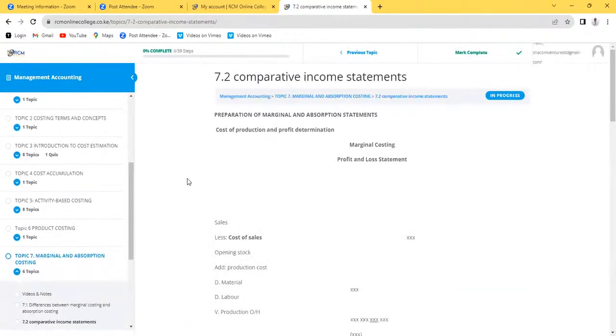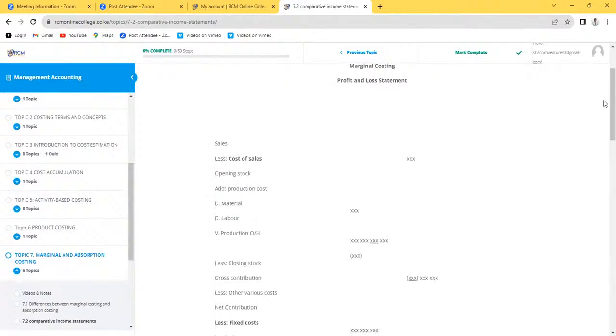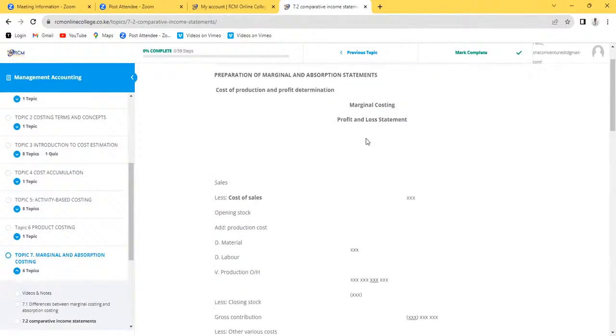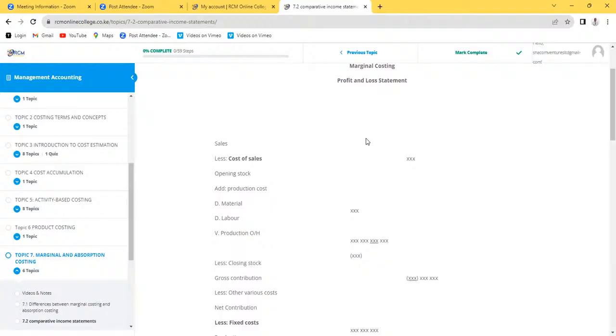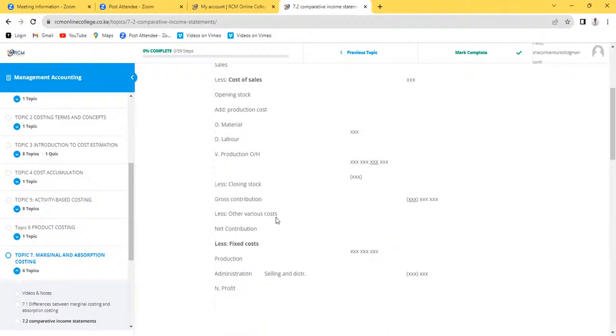Comparative income statements. Under marginal, this is what we are going to have. You need to have sales. Then you less the cost of sales, where we have opening stock, add production cost, where the production cost consists of material, direct labor, and variable production overhead. Having added the two, you multiply by the units that were produced.